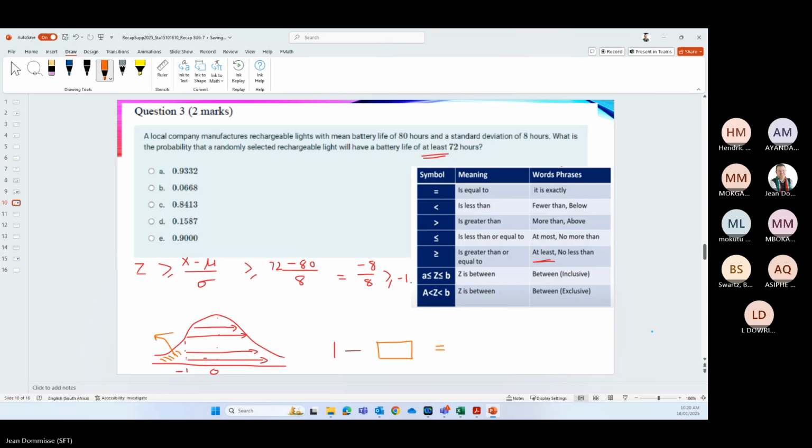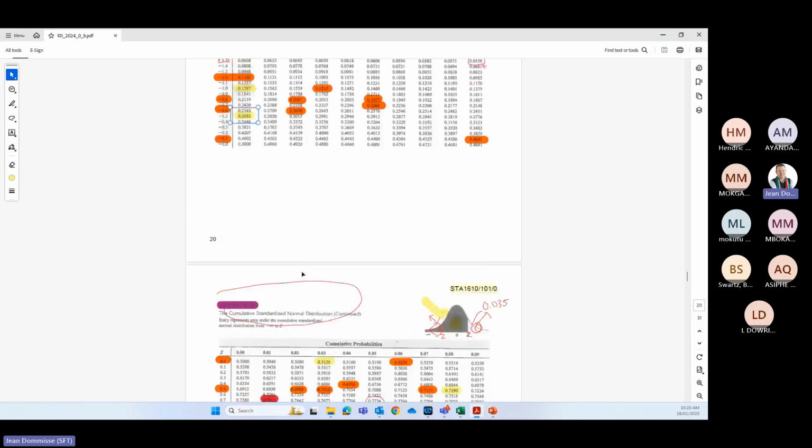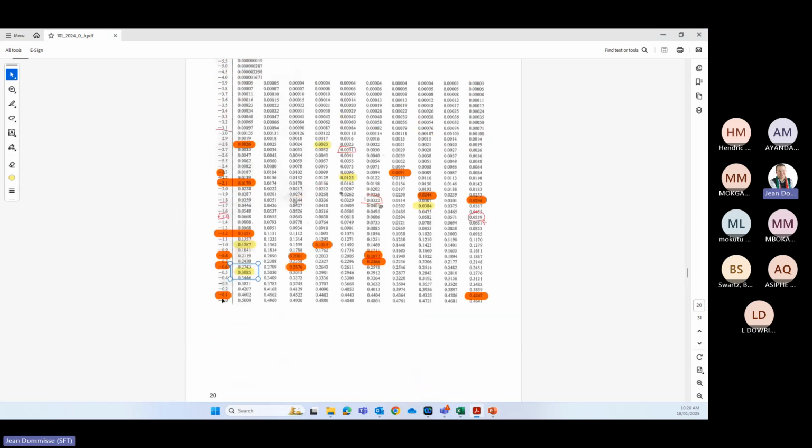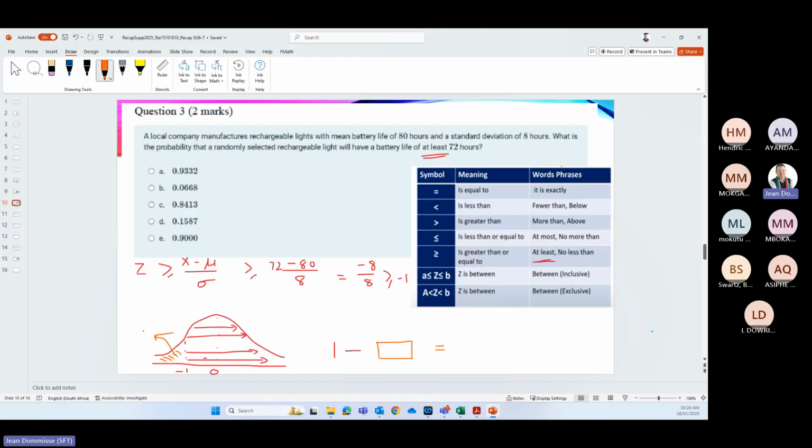So I would look at minus 1. Let's check minus 1: 0.1587. Just important, it's not that one. It is 1 minus 0.1587.